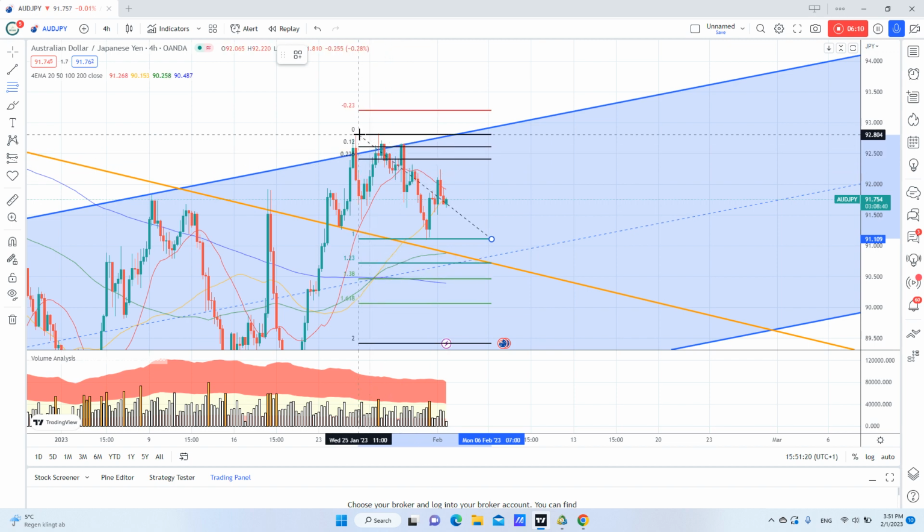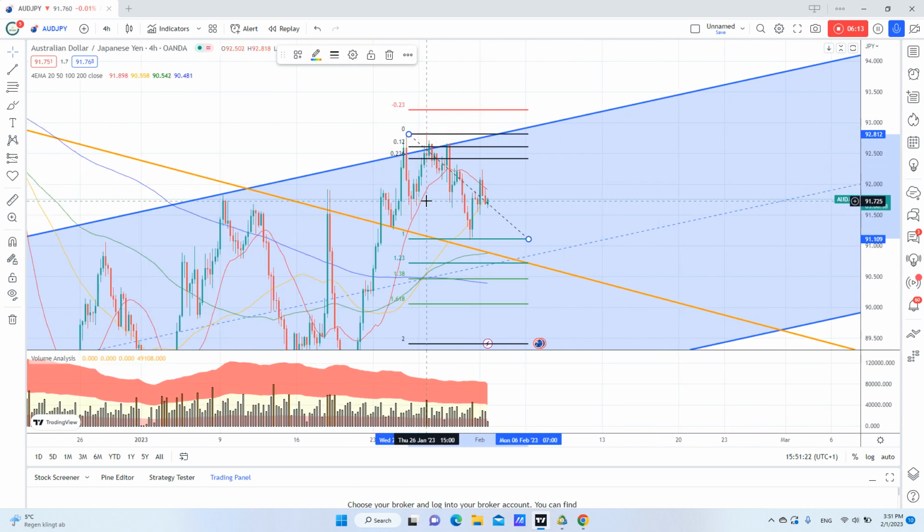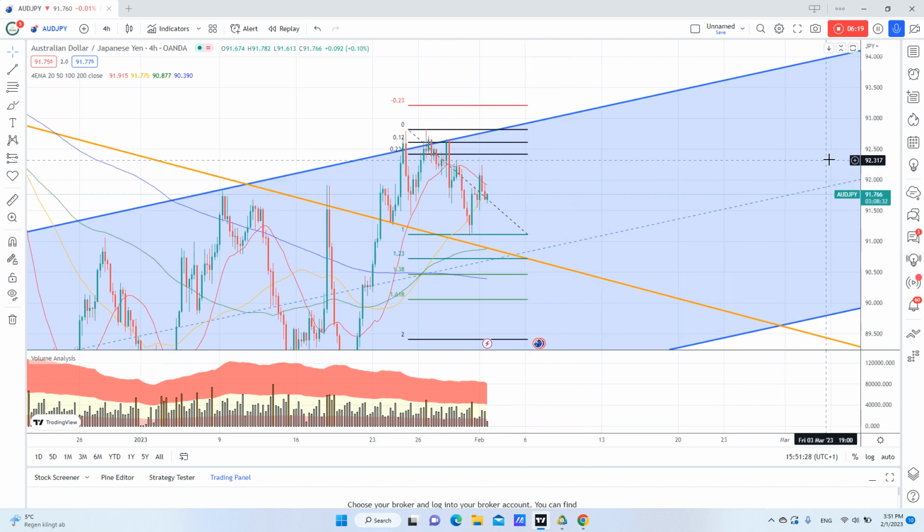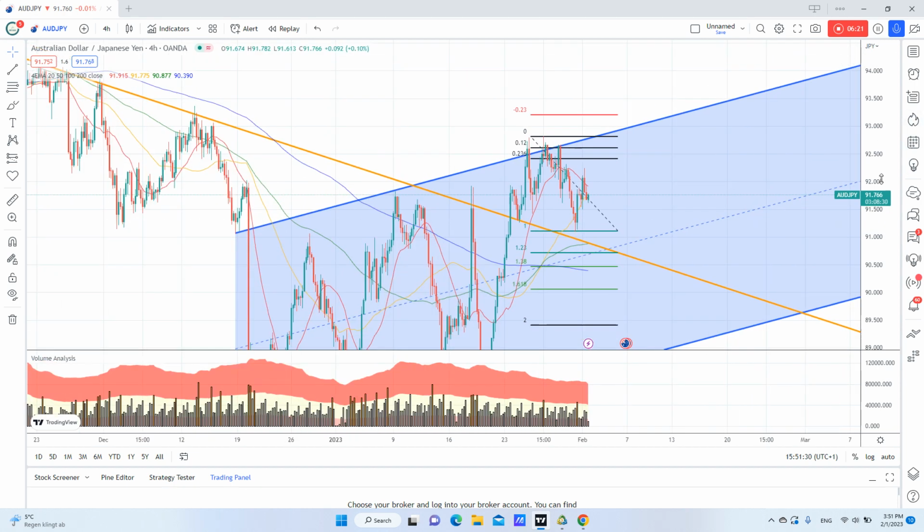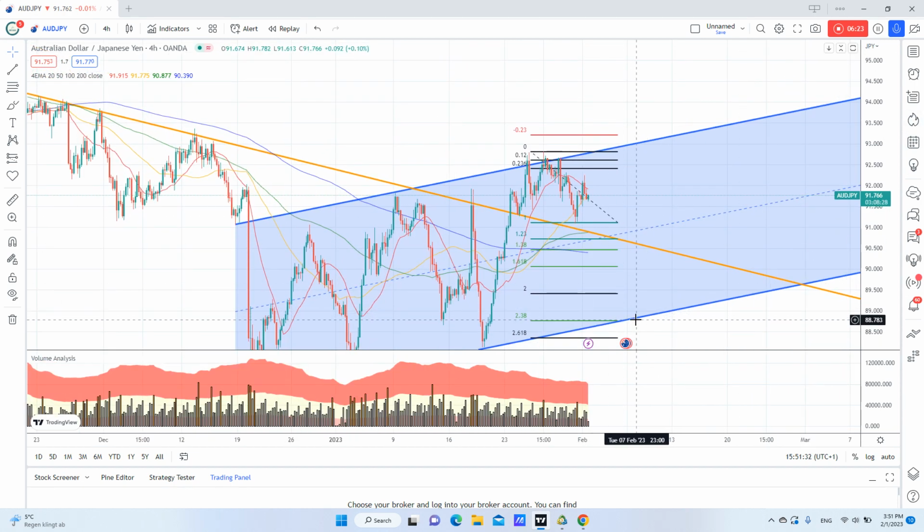And I will be expecting that it goes up to these high levels of retracement and goes maybe to the 2.38, or if it takes a lot of time, it may end at 2.